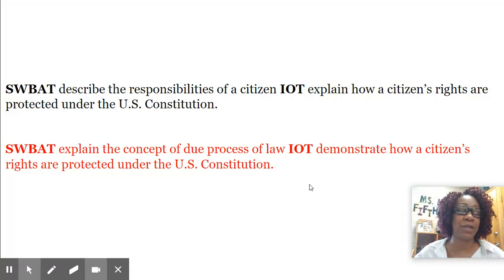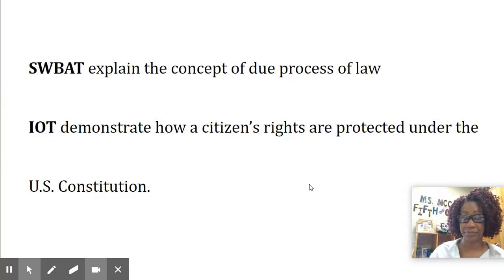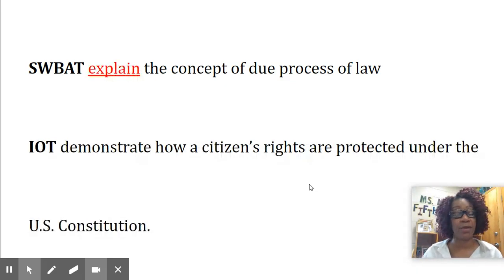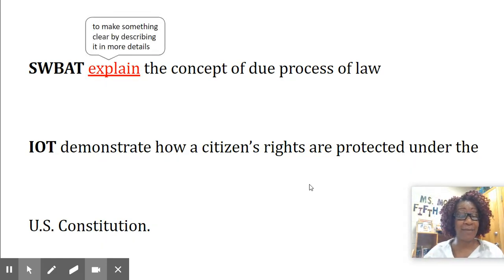Students will be able to explain the concept of due process of law in order to demonstrate how a citizen's rights are protected under, you guessed it, the U.S. Constitution. So now let's annotate our second PBO. Students will be able to explain. Here goes that explain again. We should know what it is by now. To explain means to make something clear by describing it in more detail.